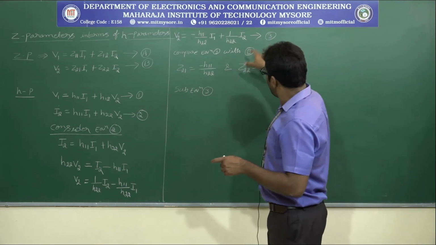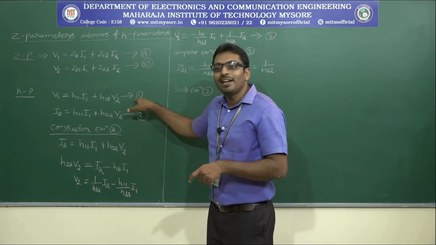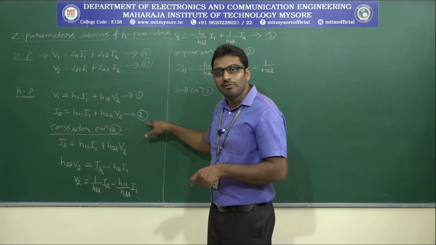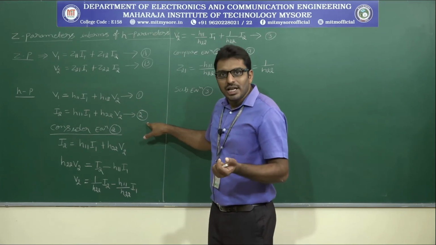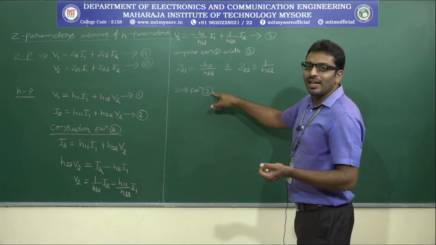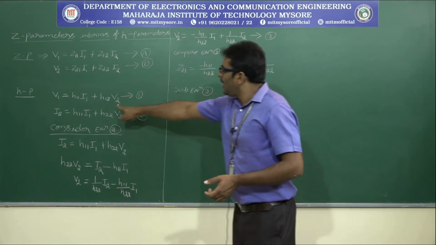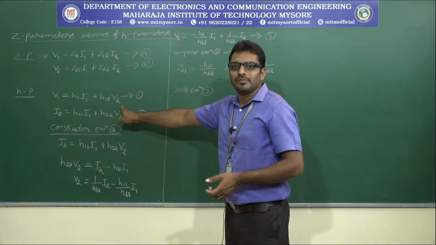That's why substitute equation 3 in equation 1. We already considered equation 2. Then which equation is remaining? Equation 1, right? Substitute equation 3 means what? Just substitute V2 in equation 1.